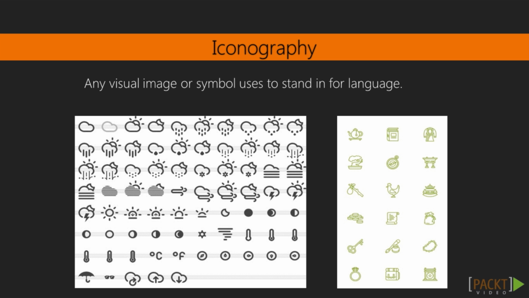Iconography is a visual image or symbol used to stand in for language. Think of cave painting. Icons become essential in navigation and learning and can help your user get around and learn how to use your website. Icons should be understandable from the first sight, easy for home, for example, but harder for other aspects of your site.